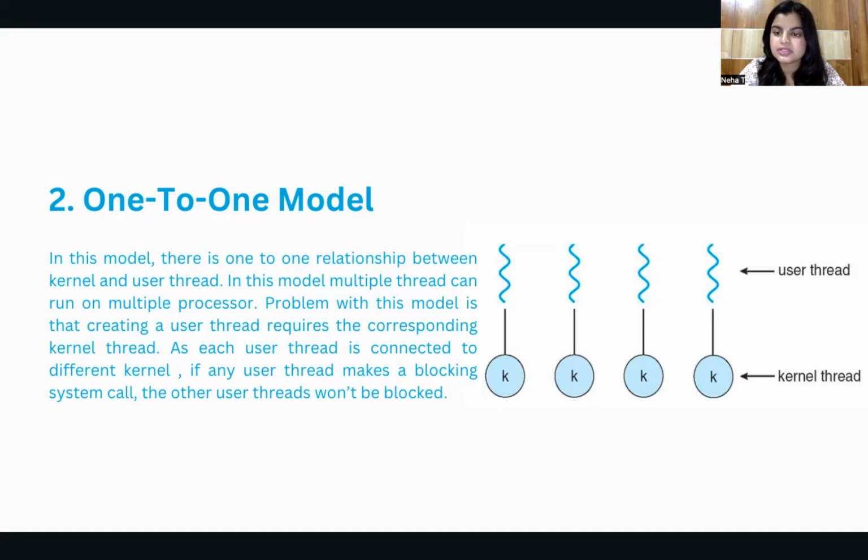As each user thread is connected to a different kernel thread, if any user thread makes a blocking call, it affects only that particular kernel and user thread. The other threads are not affected at all.